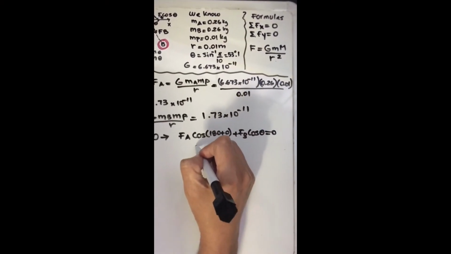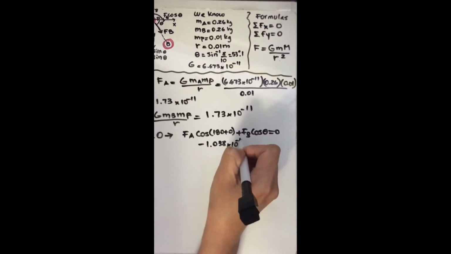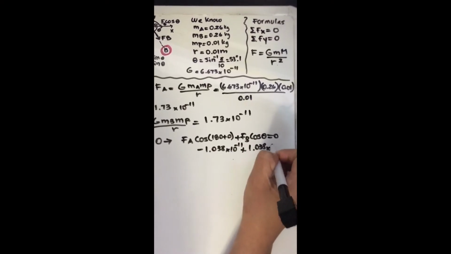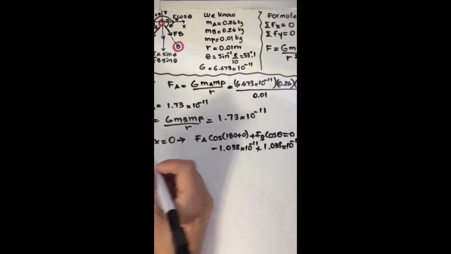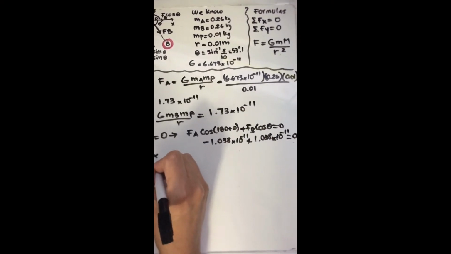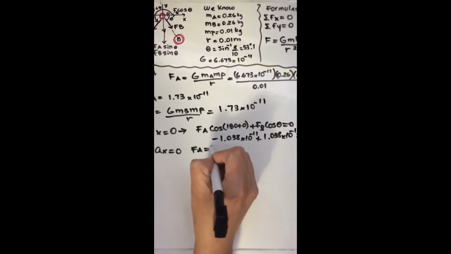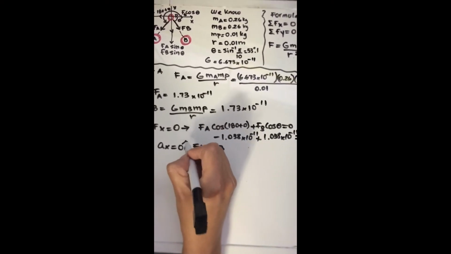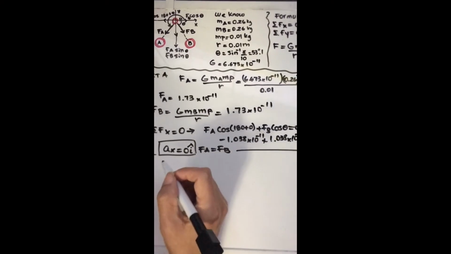This is going to be minus 1.038 times 10 to the negative 11 plus 1.038 times 10 to the negative 11 equals 0, from which we conclude that the acceleration on the x axis is equal to 0, because F_A is equal to F_B. So the acceleration in x is 0.